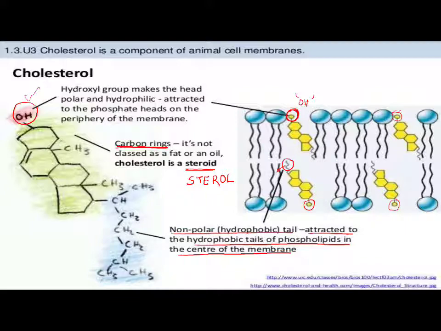When I have the phospholipid layer with the hydrophilic ends outside and hydrophobic ends facing each other, still there are gaps in between them which can allow the water soluble molecules to seep into the cell or move out of the cell.